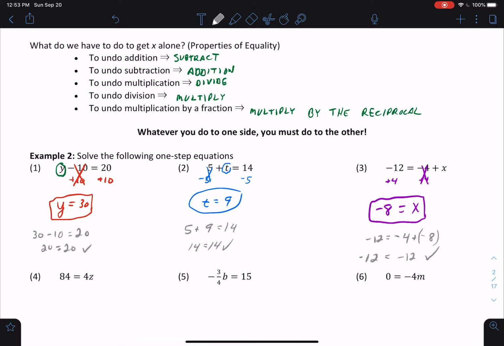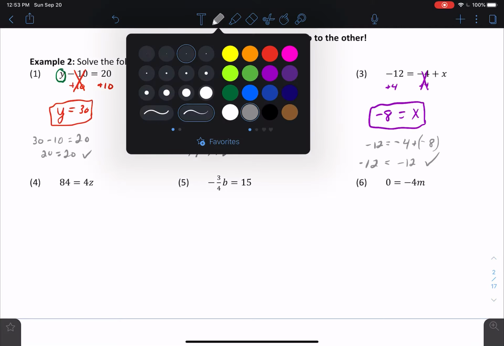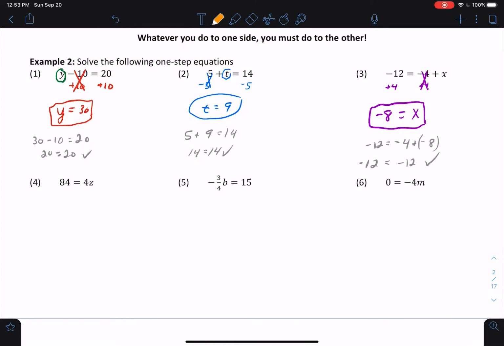All right. What about in number 4? We got 84 equals 4z. What is 4 doing to my z? That's what we're trying to get the z by itself. So what's 4 doing to z? It's multiplying. Remember, if they're right next to each other, we don't see an addition, subtraction, or a division sign. We know that that's multiplication. All right, so I'm going to divide both sides by 4.